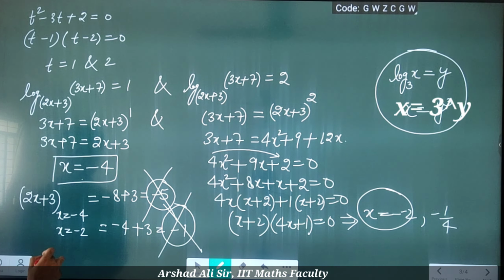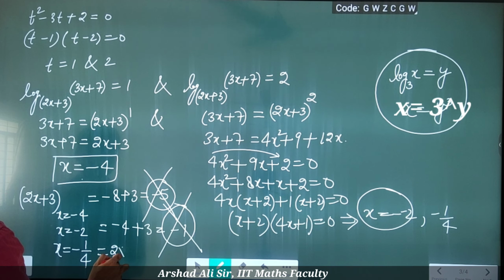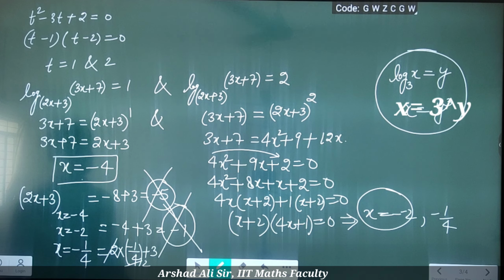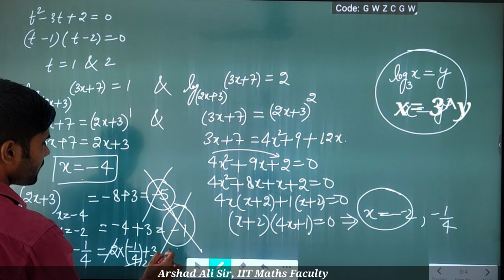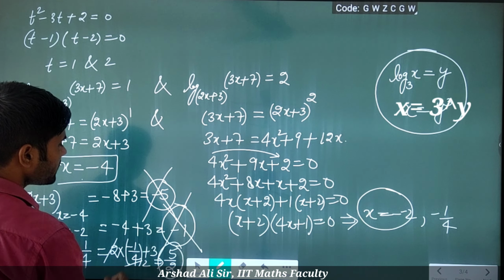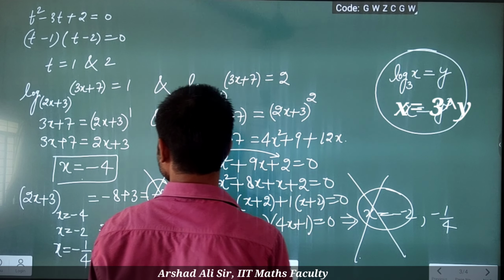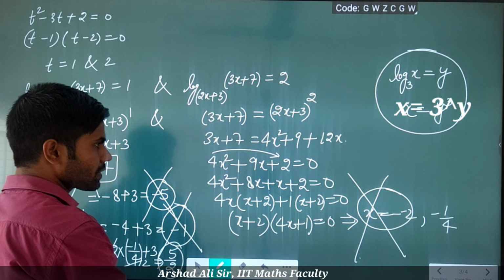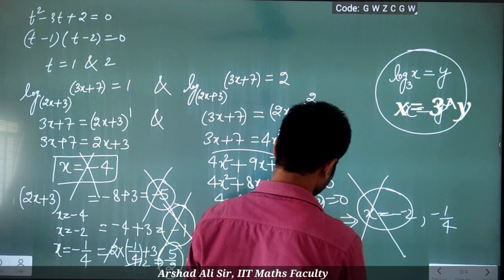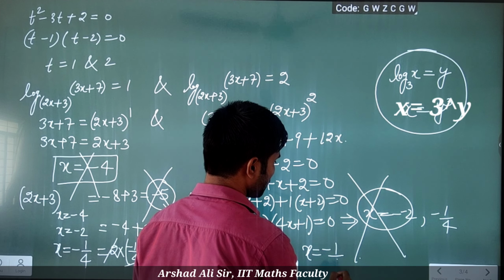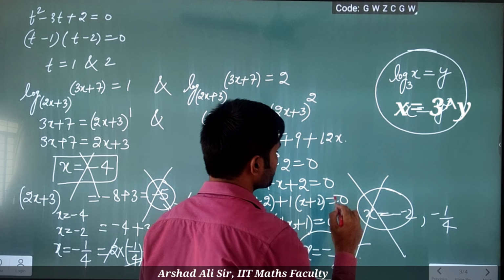Now put x equal to minus 1 by 4, so 2 multiply minus 1 by 4 and plus 3, so it will be minus 1 by 2 and 3 minus 1 by 2, it will be 5 by 2. Okay student, 5 by 2 means 2.5 and it is possible. So x equal to minus 2 is not an answer, x equal to minus 4 is also not an answer, and x equal to minus 1 by 4 is the only answer.